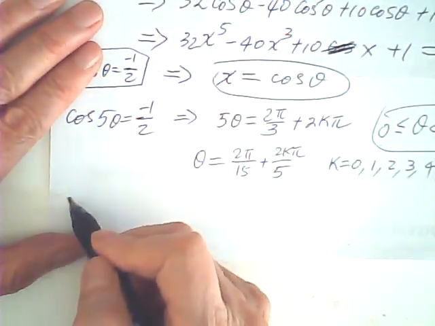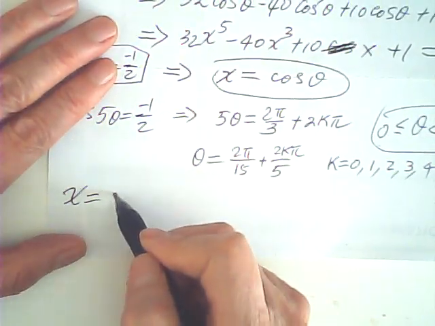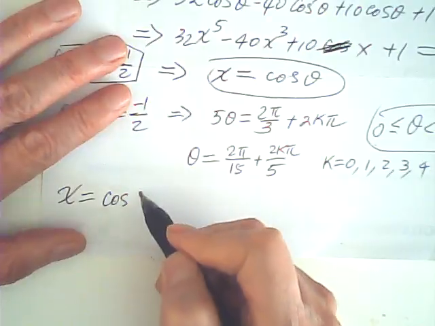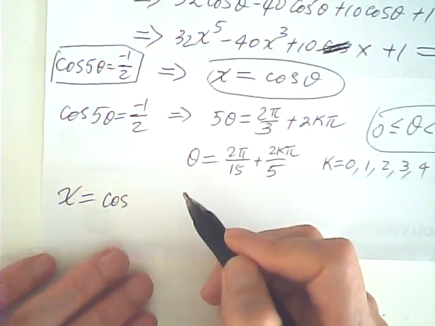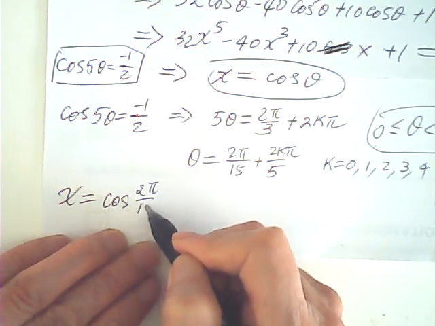Therefore, my x is equal to cosine, and for k equal to 0, it is cosine 2 pi over 15.